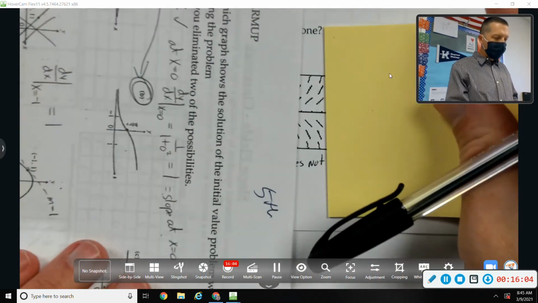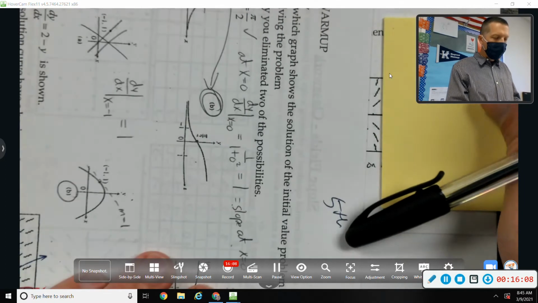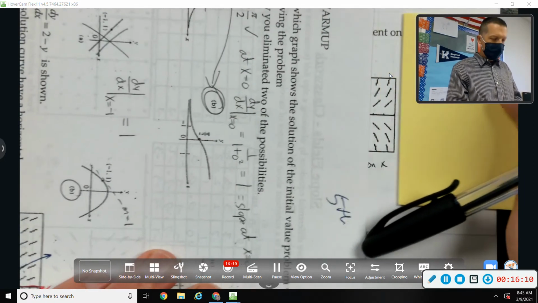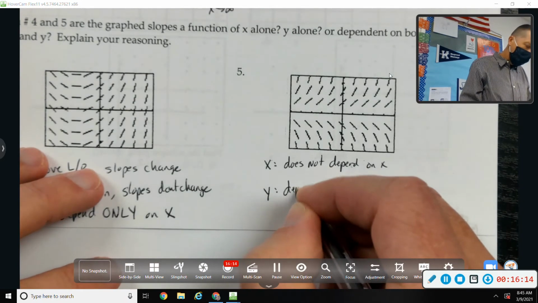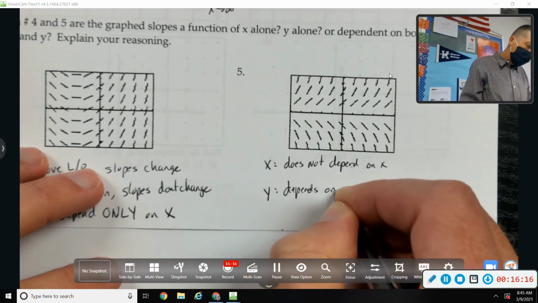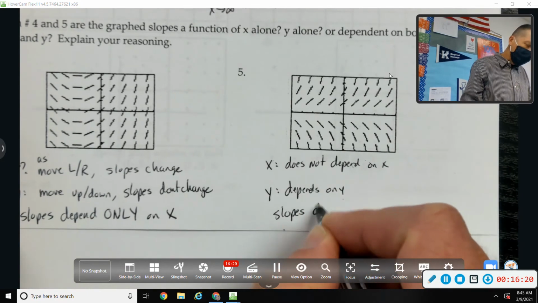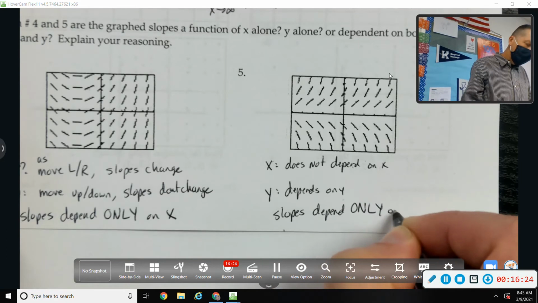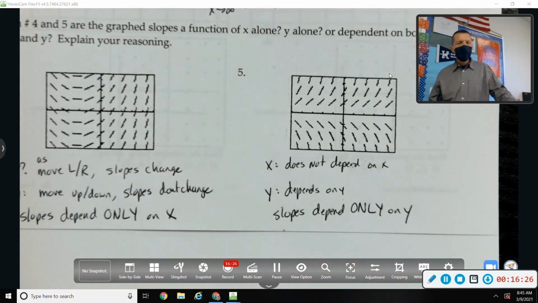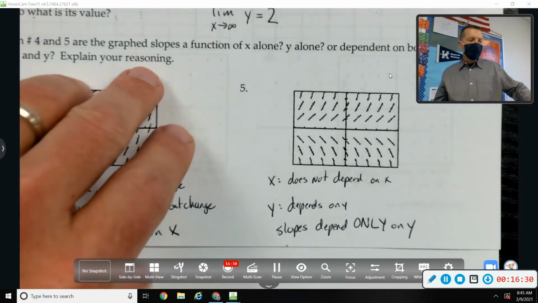Does it depend on y? Definitely. You pick out any column you want. You move up or down, they're changing. So it depends on y. So our conclusion would be the slopes depend only on y. See why this matters in a little bit when we get to some multiple choice questions.